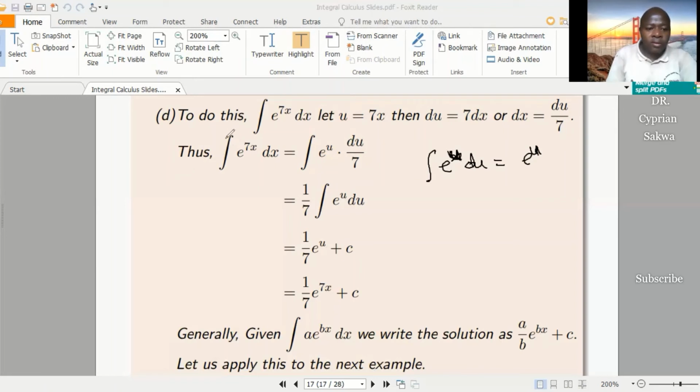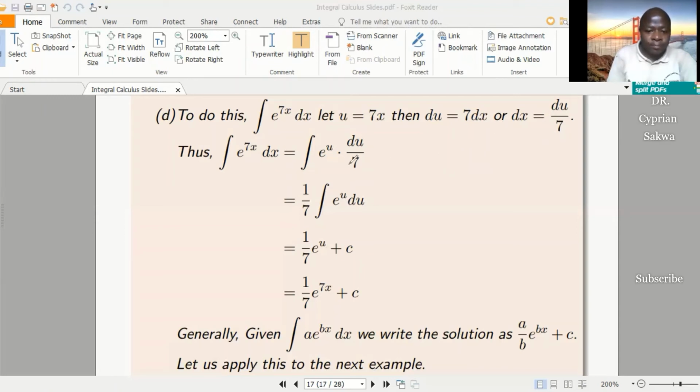So therefore, in this integral we substitute back what was u. This will be the same as the integral of e raised to u times, instead of dx, I'm writing du out of 7, because du out of 7 is the equivalent of dx.